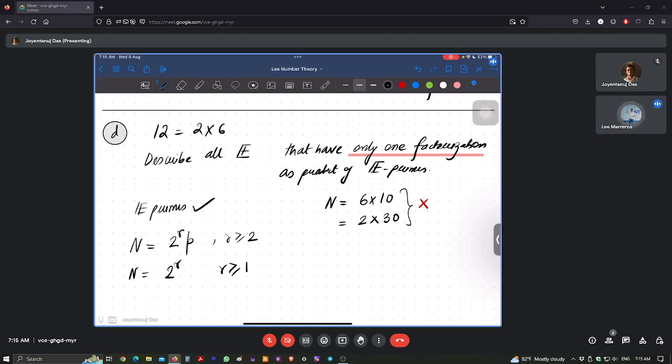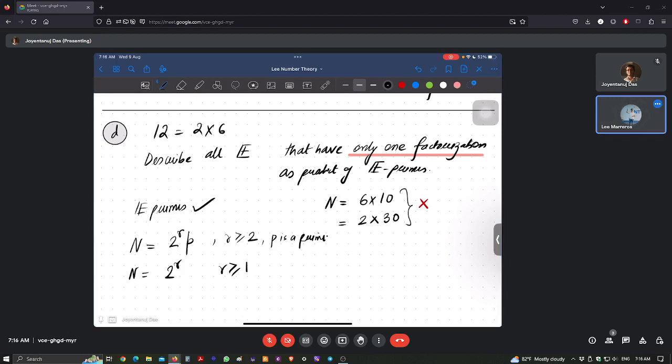It does not have any other factorization, right? So we have to write it like this only. But 2 to the r times p is different from 2 to the r only. These two are different, but they both satisfy the condition.